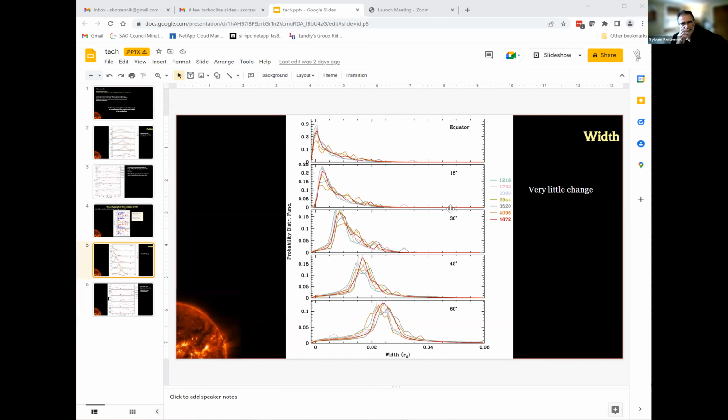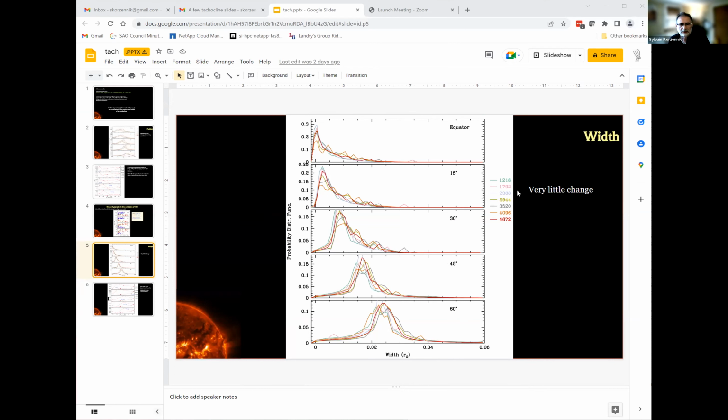So there are a couple of differences. First, she's using a 3-year-long time series that I fitted. Those are modes that I produced, and you can see the change at the equator, 15, 30, 45, or 60 degrees. She's using a different forward modeling method, which uses a more rigorous analysis.